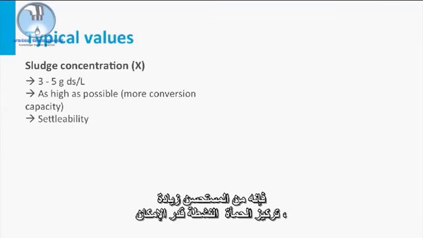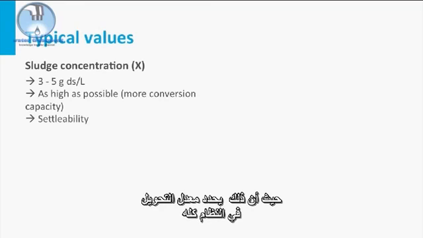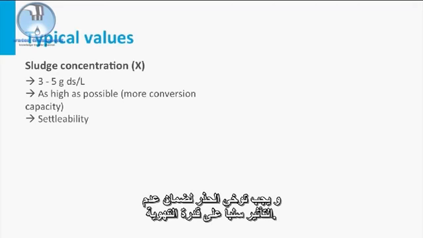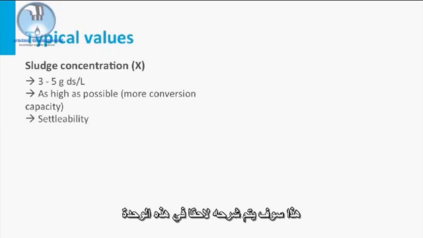It is advisable to increase the activated sludge concentration as much as possible, since that determines the conversion rate of the total system. Of course, within the limits allowed by the sludge settleability and clarifier design, and care must be taken to assure not to negatively influence aeration capacity. This will be further explained later in this module.